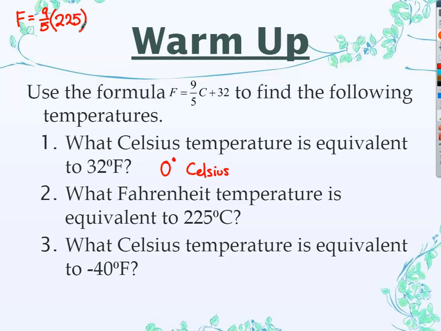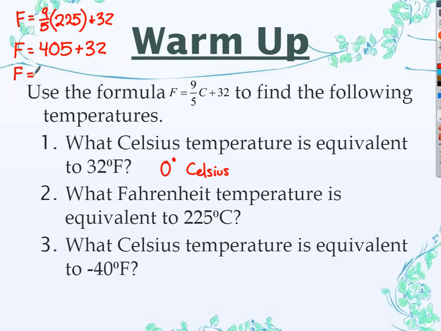And then we have plus 32 according to that equation, all right? So simplifying, we have 9/5 times C, which is 225. That is F is equal to 9/5 of 225 is 405 plus 32.